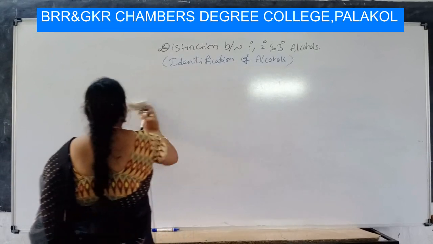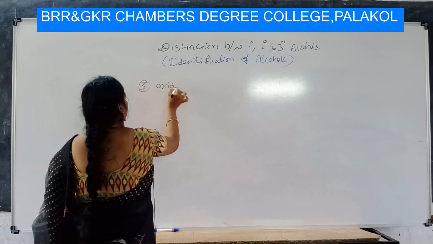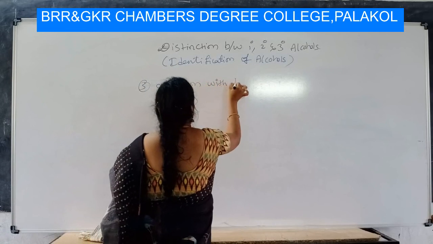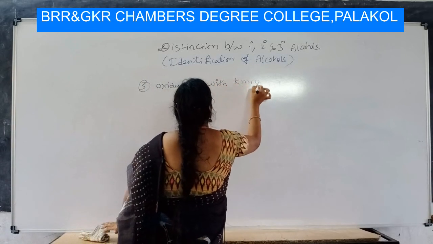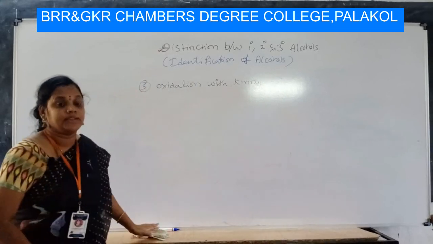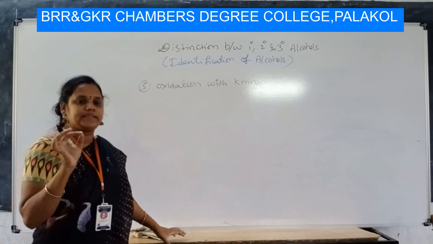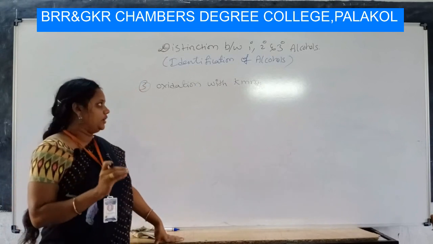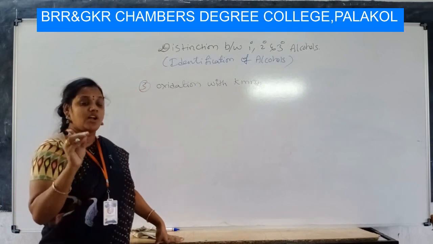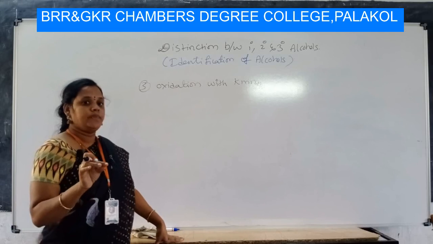And the next test is oxidation with KMnO4. Listen students, this test is very important because in the chemical properties of alcohols, they also ask about the oxidation with KMnO4 reaction.